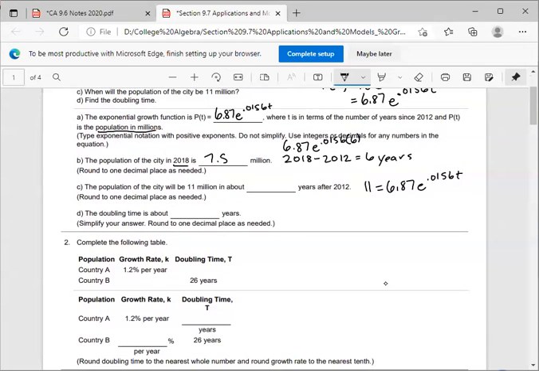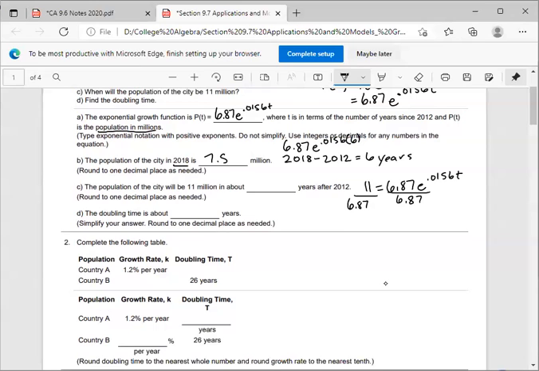So what can we do here? We just got through working problems like this. So we know that we are going to have to get this E by itself because we got to get this T to come down. So this is another reason why I wanted to show it. So we're going to need to divide both sides by 6.87.